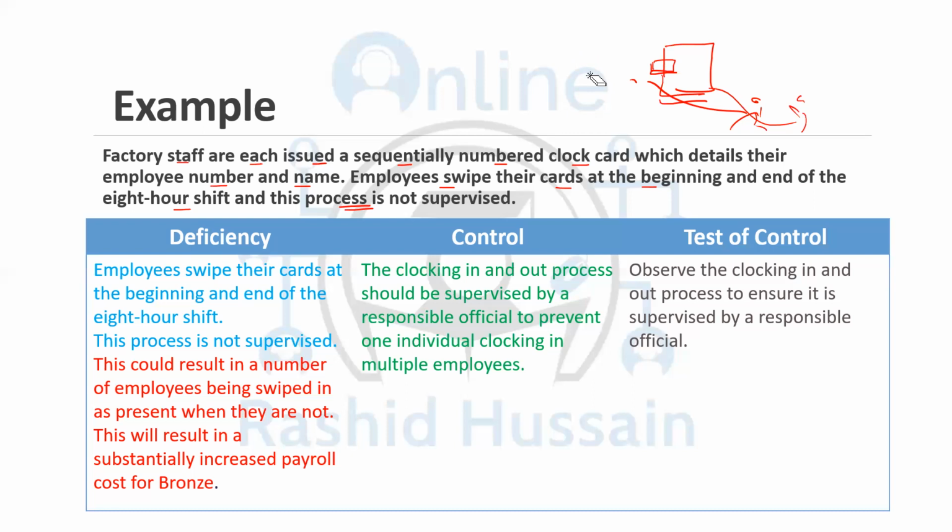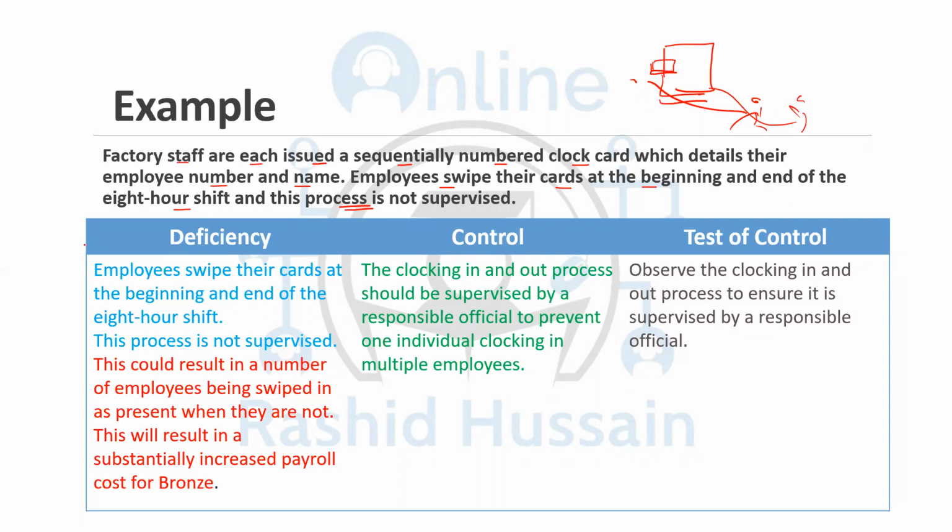Like for example, we used to do in school, when there was no one in the class and we were calling the attendance, yes, present, things like that. So there's no one over there to supervise. So an employee can bring multiple cards and can swipe for the employees who are not present. And eventually they are going to be paid for the work they have not performed.